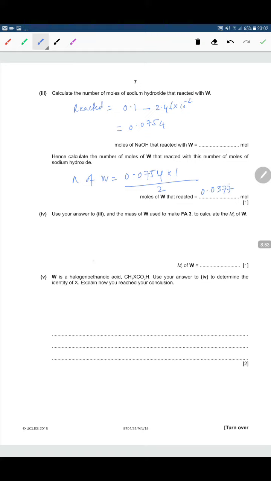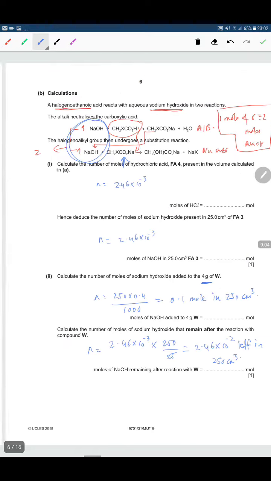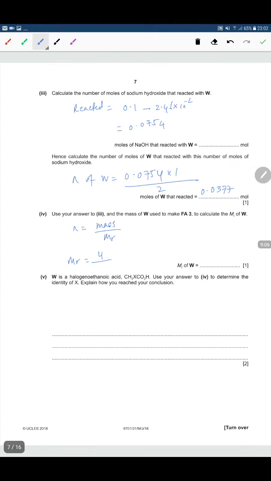Hence, use your answer to calculate the MR. Now you can calculate the MR by saying that number of moles equals mass divided by MR. So MR equals mass, which is, so we took 4 grams of W, 4 over 0.0377.